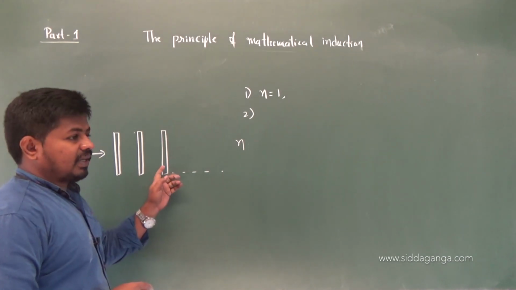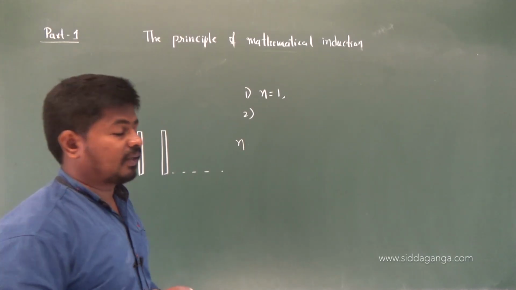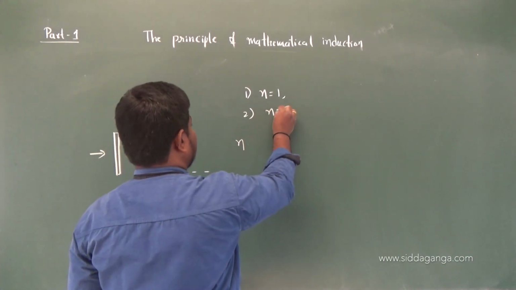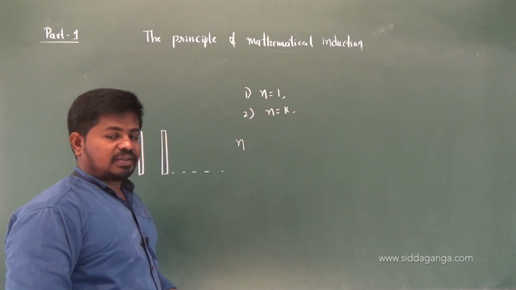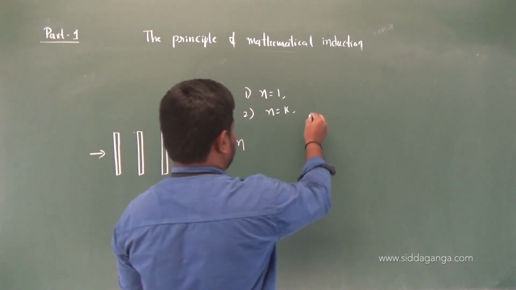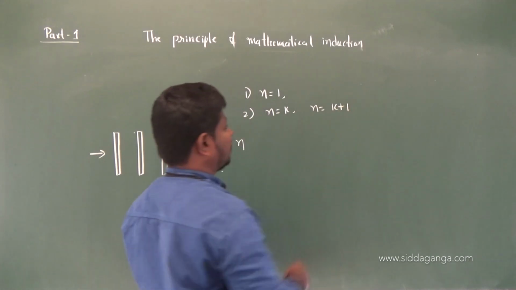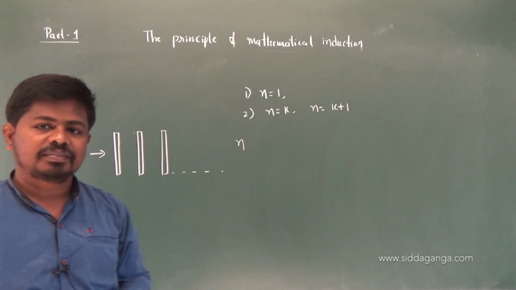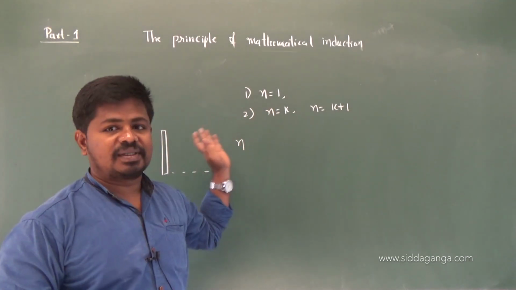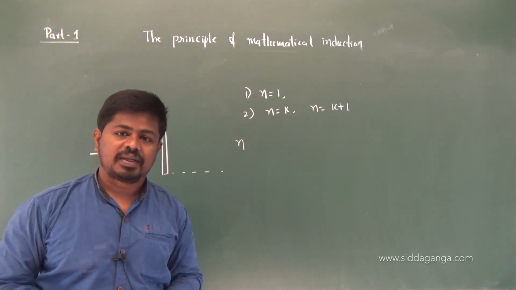So in the event when the 8th book falls, you must ensure whether the 9th falls or not. Hope you got it. In the event when the kth book falls, k is some natural number, whatever, 8th or 9th, you must ensure whether its successor falls or not, whether k plus 1 falls or not. Okay, so whenever these two happen, this implies what? All the books fall, right?